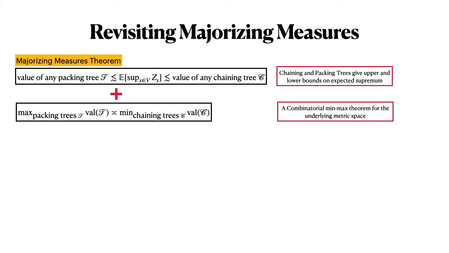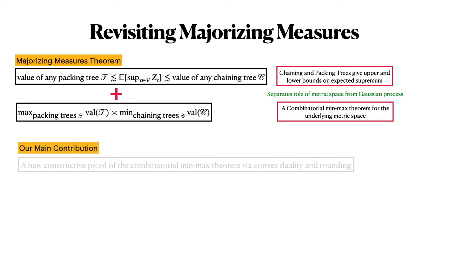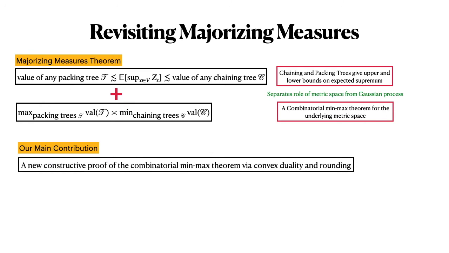And the majorizing measures theorem is just the consequence of these two statements. In particular, this way of formulating it separates the role of the metric from the Gaussian processes. And now I can describe what our main contribution is. We give a new constructive proof of this combinatorial min-max theorem using convex duality and rounding.